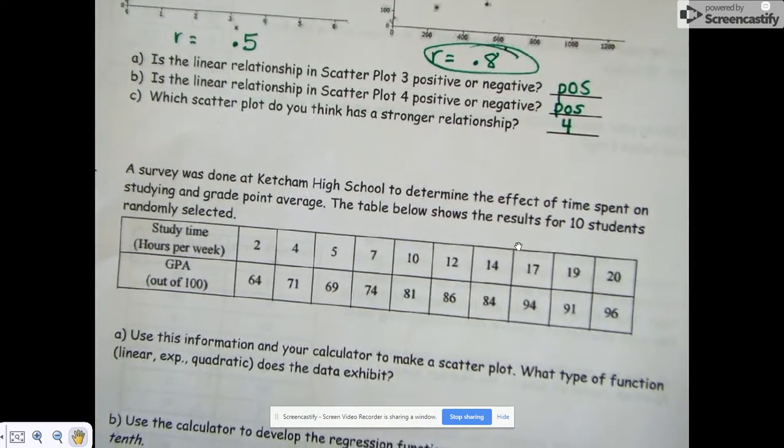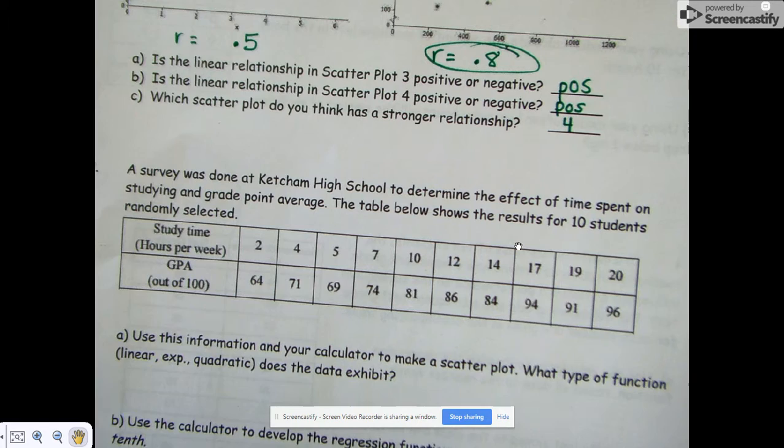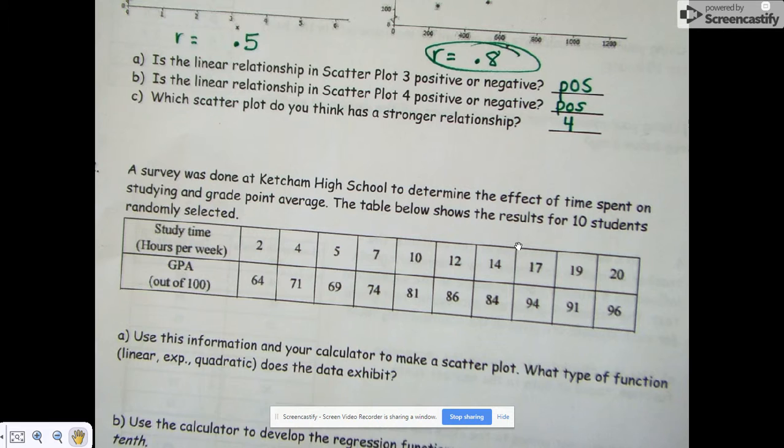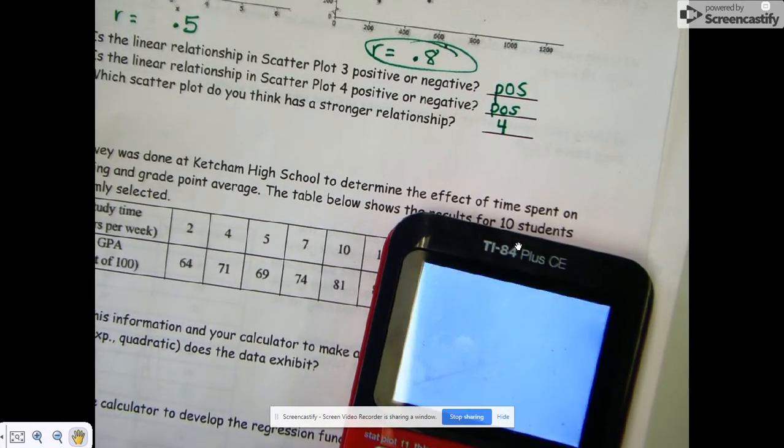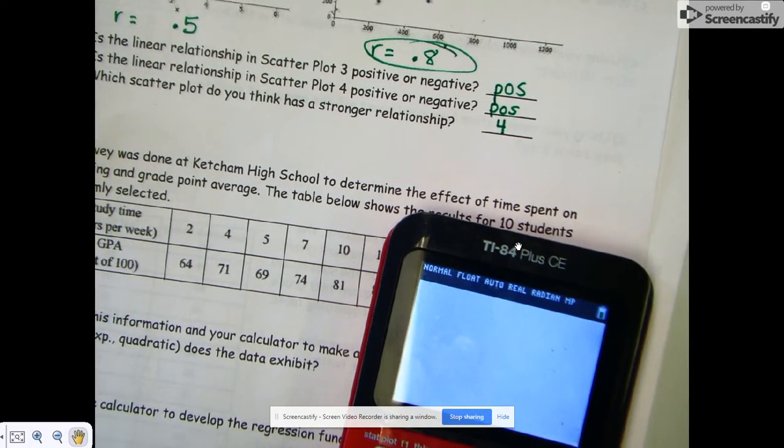The next question says a survey was done at Ketchum High School to determine the effect of time spent studying on grade point average. The table below shows the result for 10 students randomly selected. It says to use this information in your calculator to make a scatter plot. This is how you can tell what kind of pattern or regression a line has.